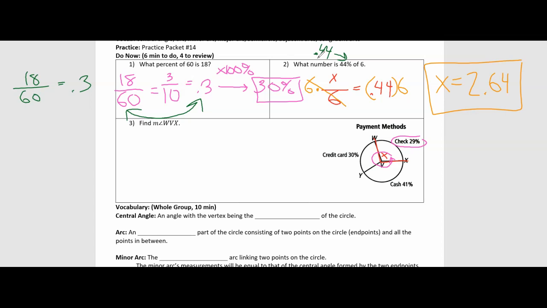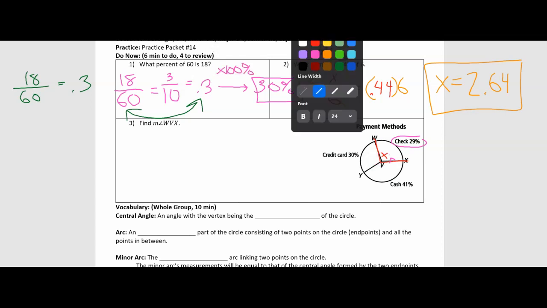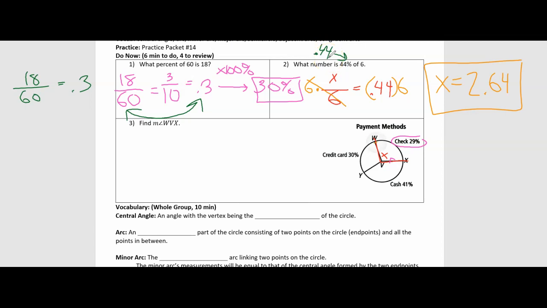The arc from, let's do this in orange, the arc from W to X is 29% of the entire circle. They're saying as far as payment methods go, checks are 29% of the total. Well, I just need to figure out then what 29% of 360 is, because that's the total.